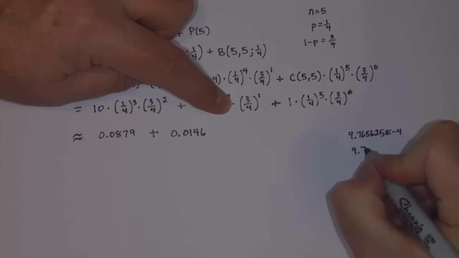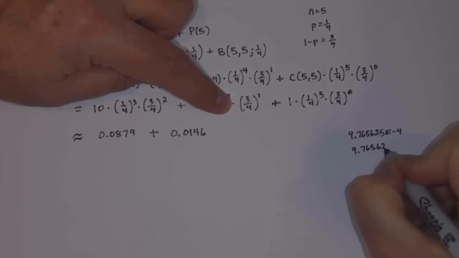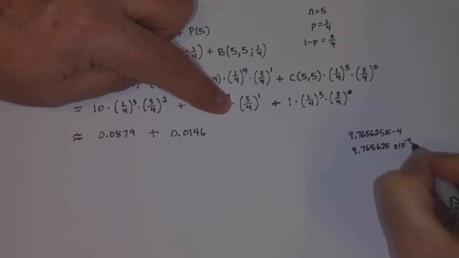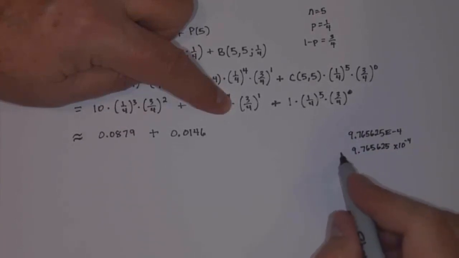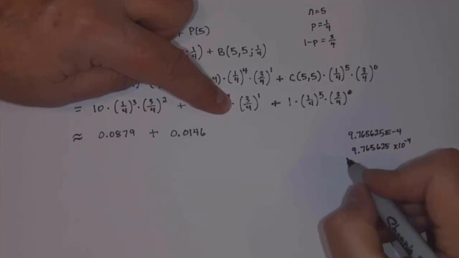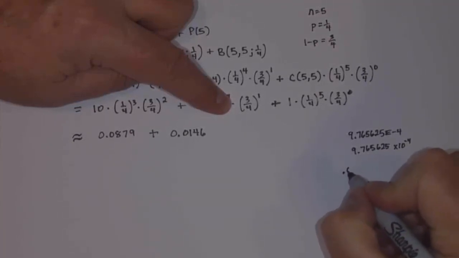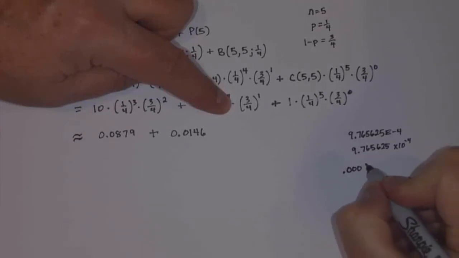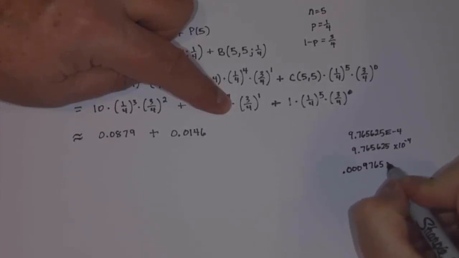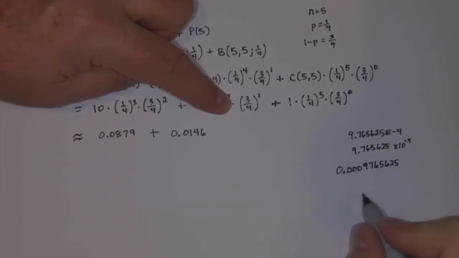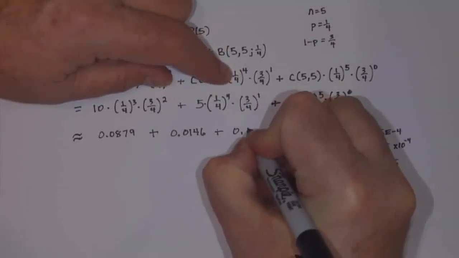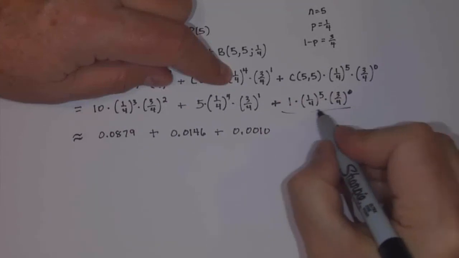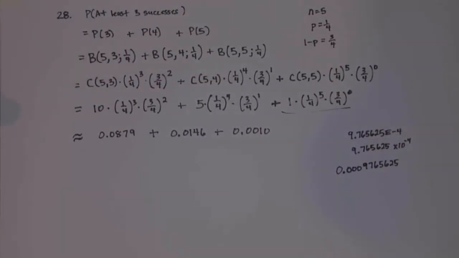So that really means 9.765625 times 10 to the negative 4th, which means this decimal point moves 4 places to the left. So if I move that decimal point 4 places to the left, I'm going to need 3 zeros behind the decimal point, then 9.765625. So if I round that to 4 places, the 7 is going to make the 9 go up to 10, so that's going to be 0.0010. So this probability is 0.0010 approximately.